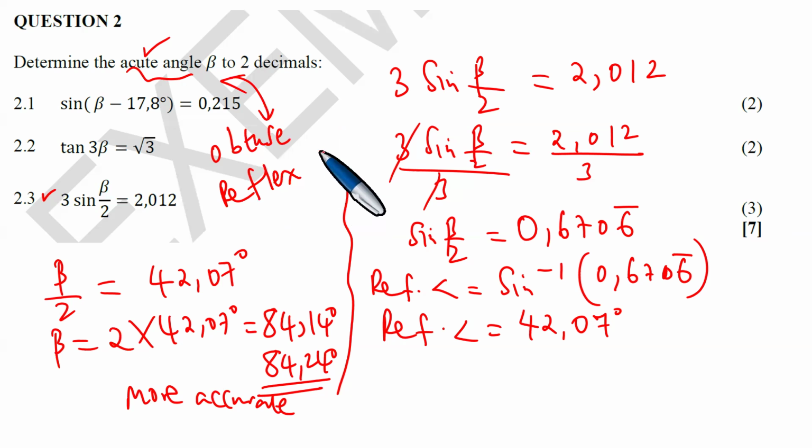Obtuse means that it's an angle that is bigger than 90 but less than 180.